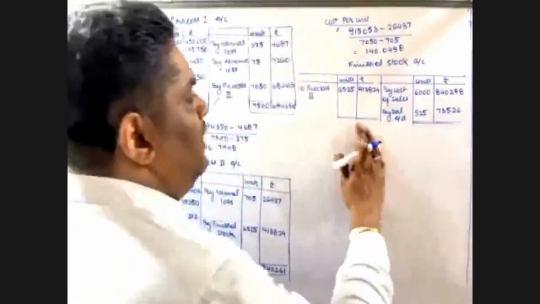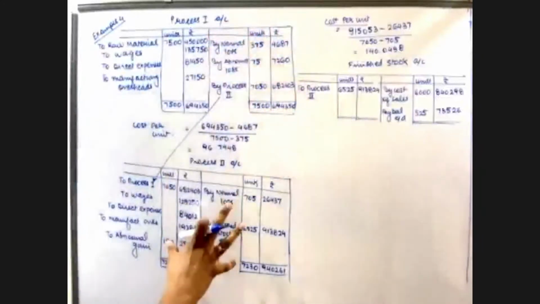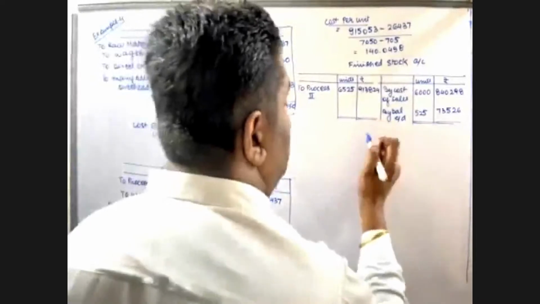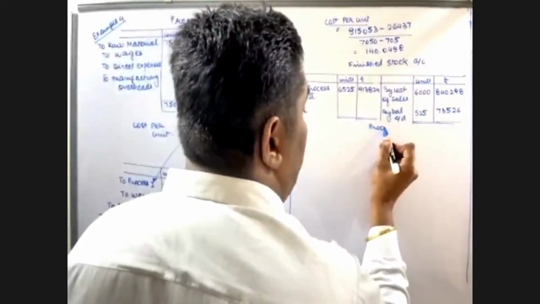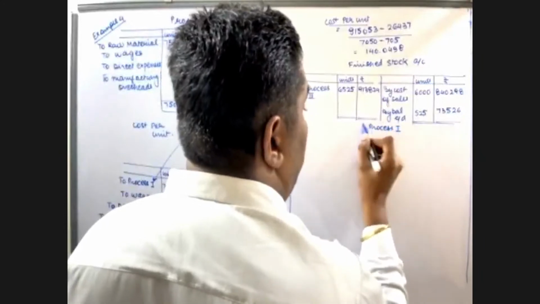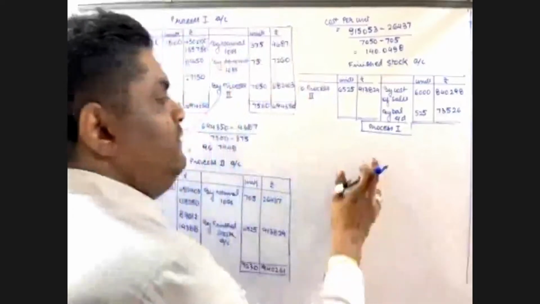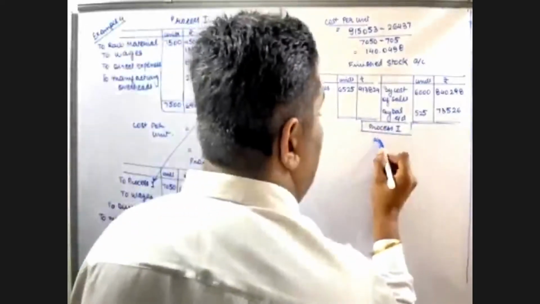Now, let's prepare abnormal loss account and abnormal gain account. First, we'll be discussing abnormal loss account of process first.